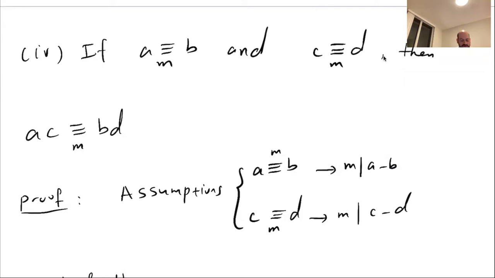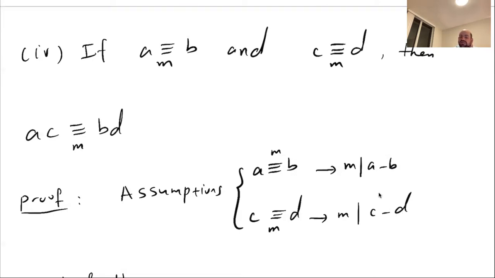And what do I know? I know M divides A minus B, M divides C minus D. How can I make AC and BD appear? This is a little bit tricky. See, for the first expression, if I multiply it with C, AC will appear. Similarly, for the second expression, if I multiply with B, BD will appear.